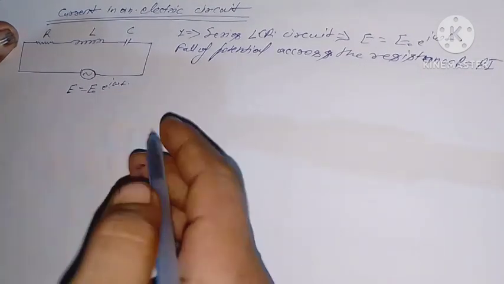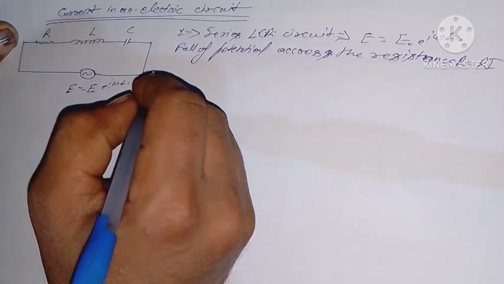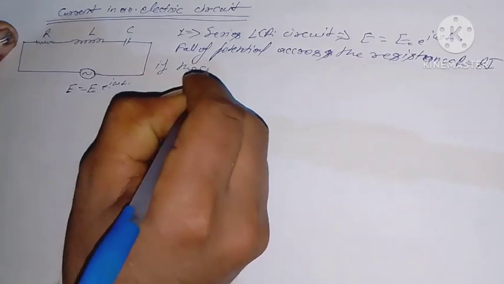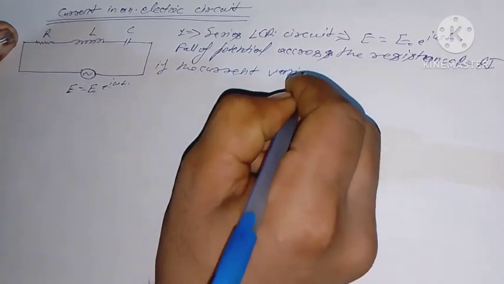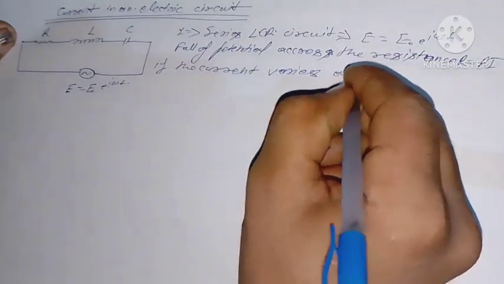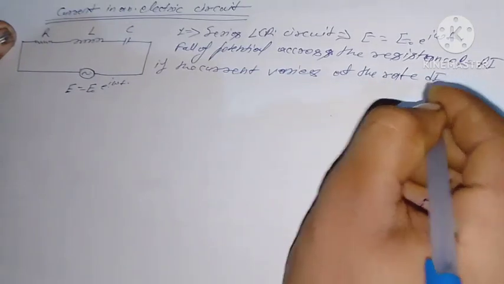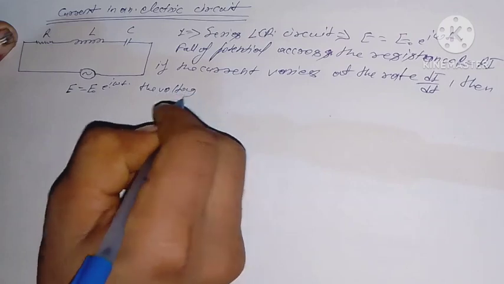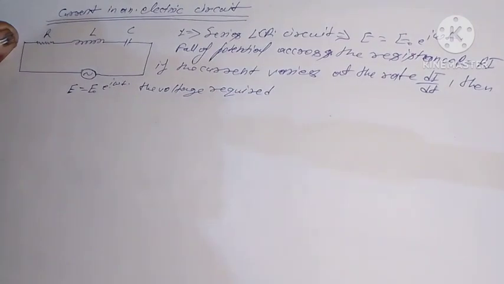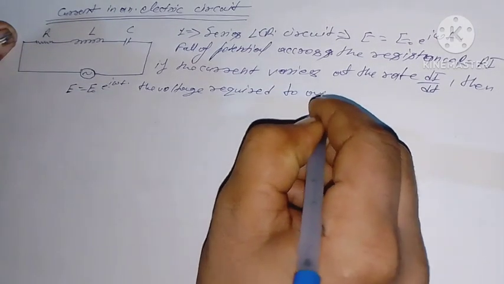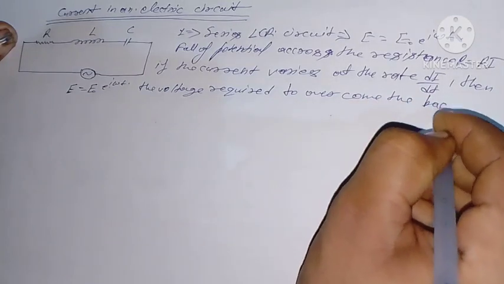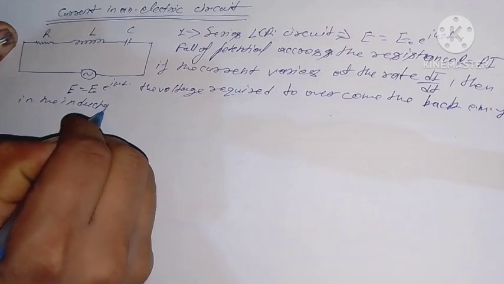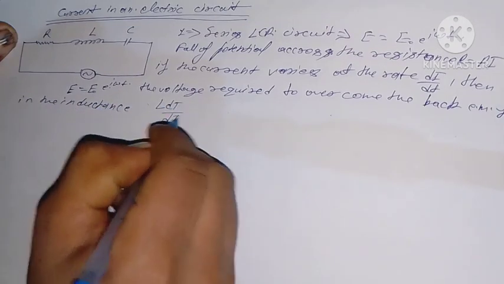If the current varies at the rate di by dt, then the voltage required to overcome the back EMF in the inductance is L di by dt.